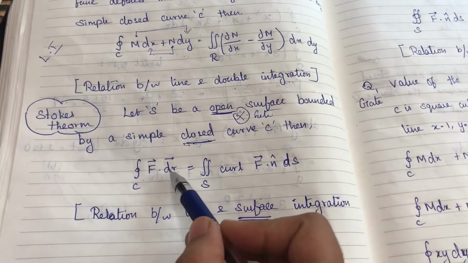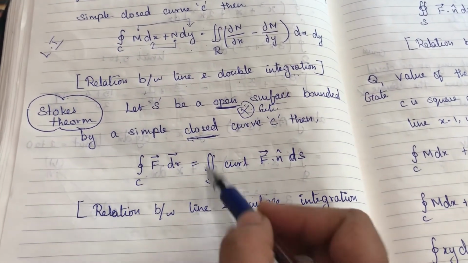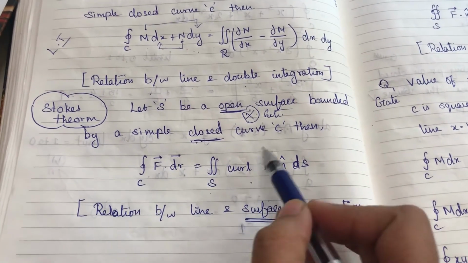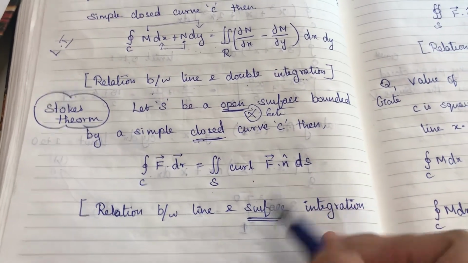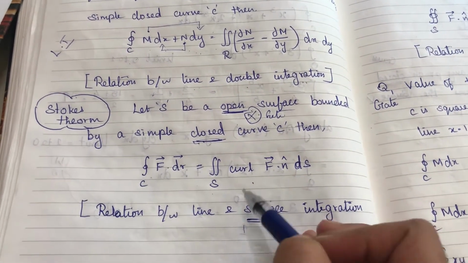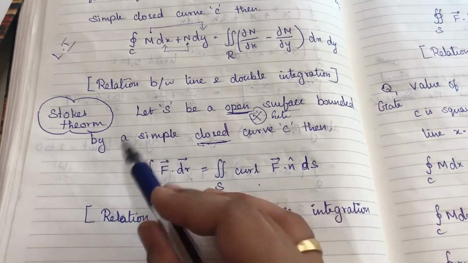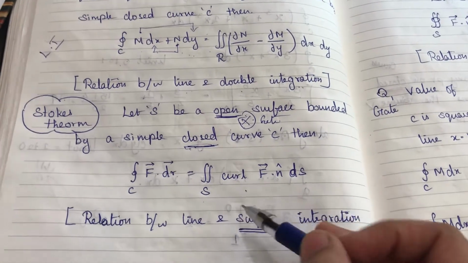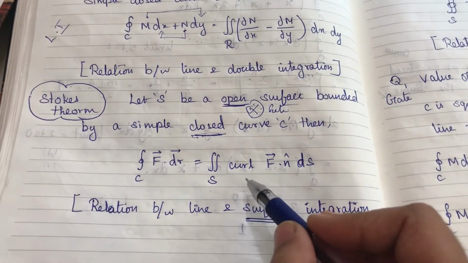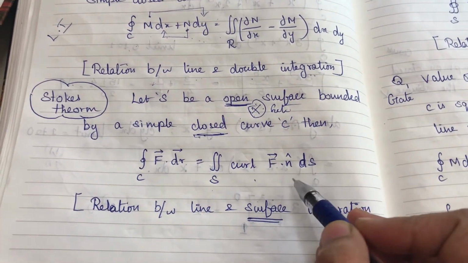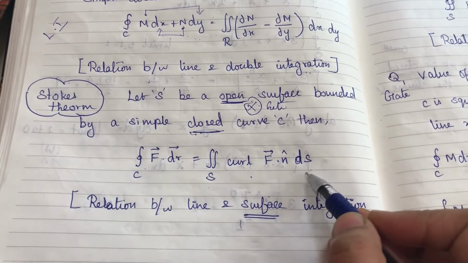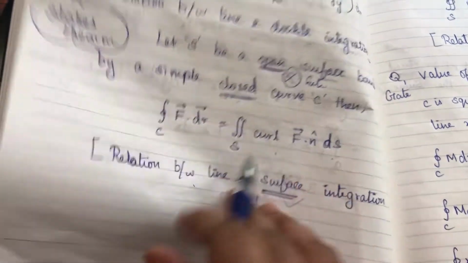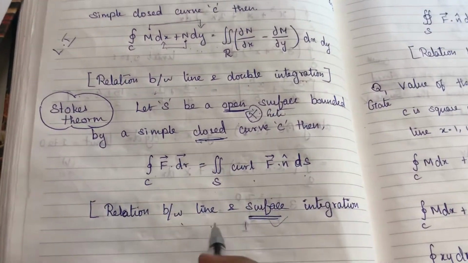The integral of f vector dot dr vector is equal to the double integral of curl of f vector dot n cap ds. So just find all these values, substitute here, and you will get the value. The formula is somewhat lengthy. So this is the relation between the line and the surface.